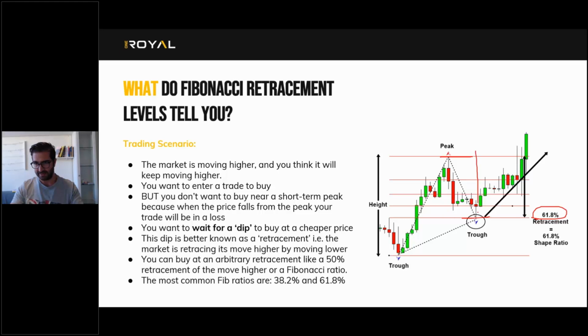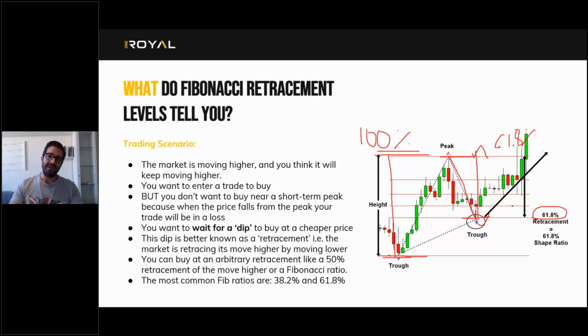This length here is 61.8% of this level here, which is the whole movement to the upside. This is an impulsive wave, which we consider as 100%, from the beginning until the top. The retracement here represents 61.8.